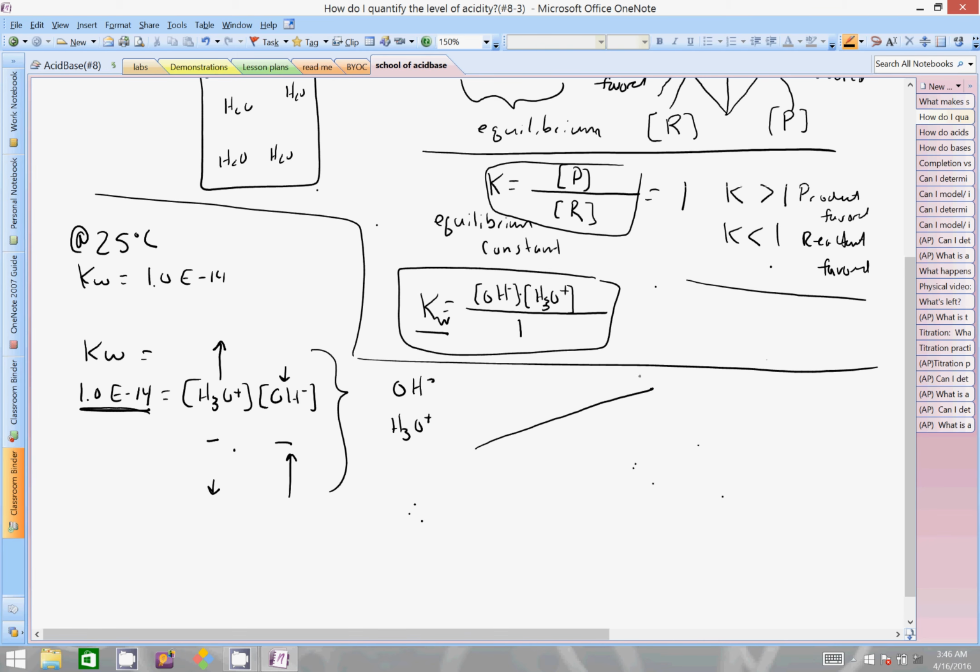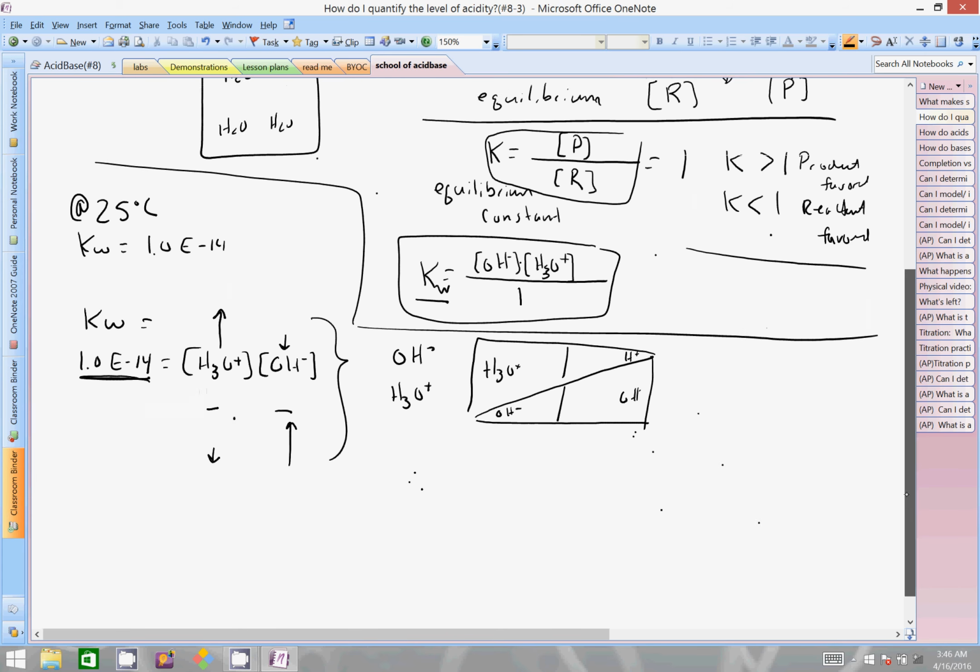If I have lots of H3O plus ions, I only have a very teeny amount of hydroxides. And if I have equal amounts of these two, then in this case it would be neutral. And if I have lots of hydroxides, I'd be basic, and a small amount of H plus ions, again, basic.